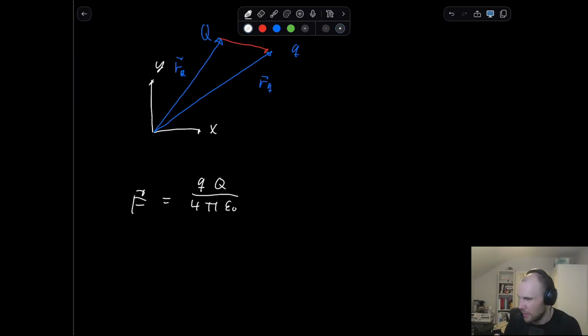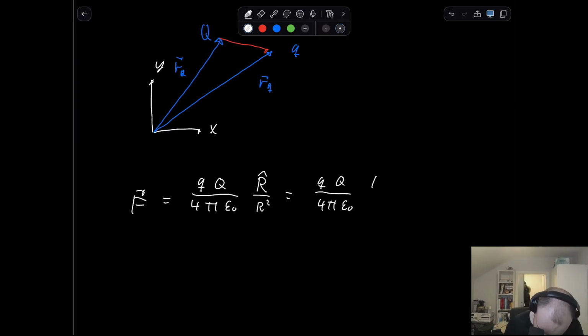And you can write it two ways. You can either write r hat, and then, of course, divided by r squared. Or you can write this as Q times capital Q, then 4 pi epsilon 0, then r the vector, and then instead of r squared, you have r cubed, like that.